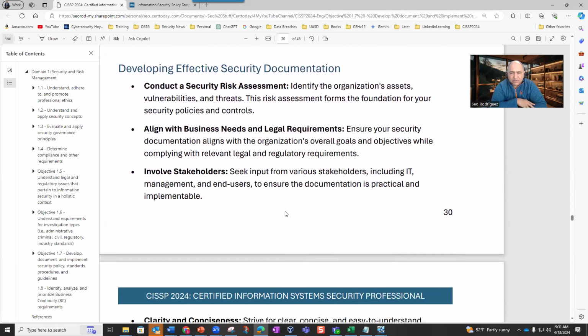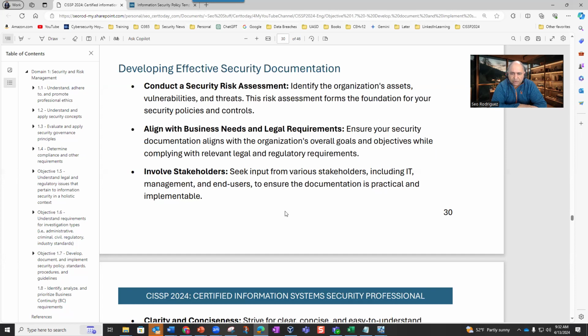Developing effective security documentation: identify the organization's assets, vulnerabilities, and threats. This risk assessment forms the foundation for your security policies and controls. We will be talking more about this as we move along. Ensure your security documentation aligns with the organization's overall goals and objectives while complying with relevant legal and regulatory requirements.